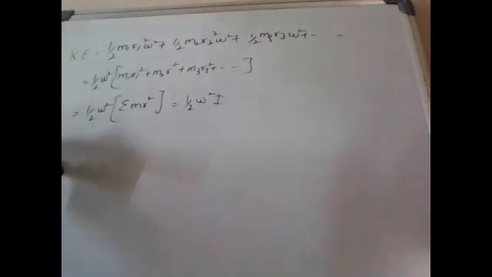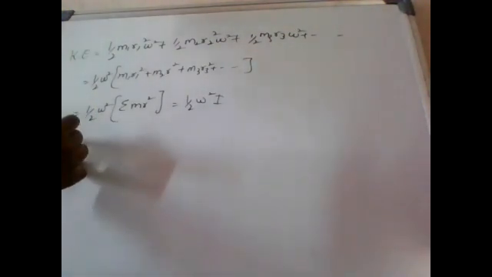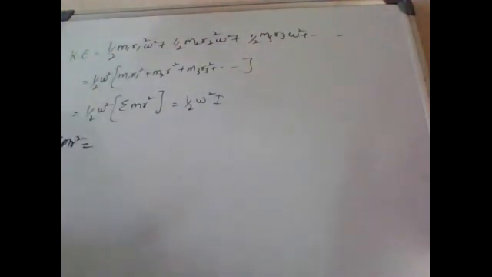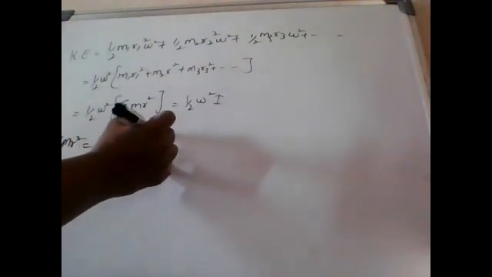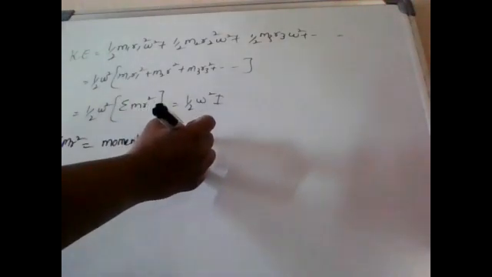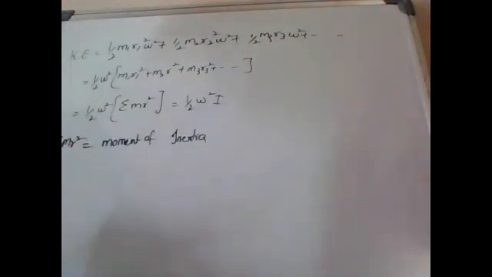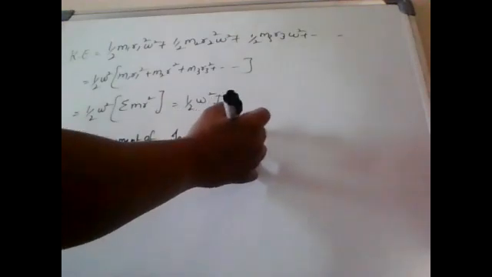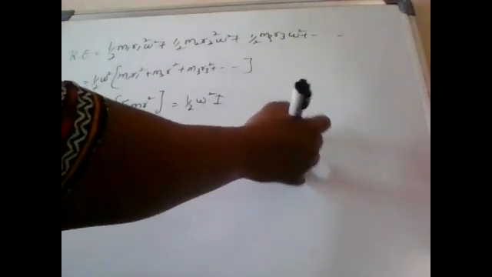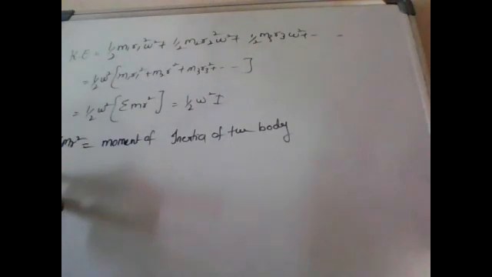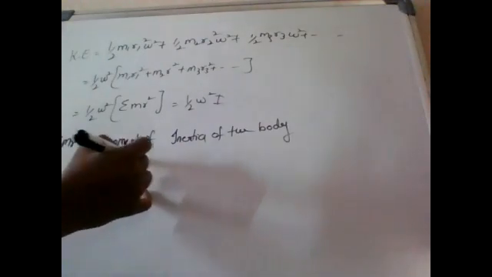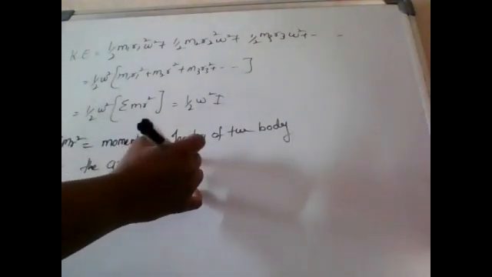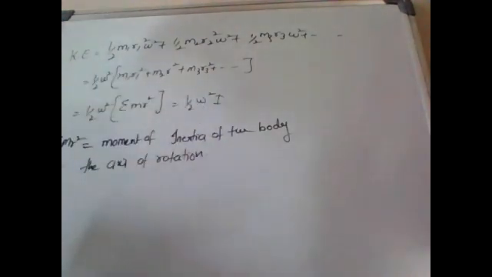Here I equal to summation m into r square is the moment of inertia of the body about the axis of rotation.